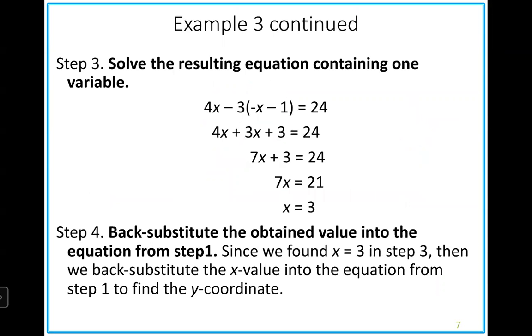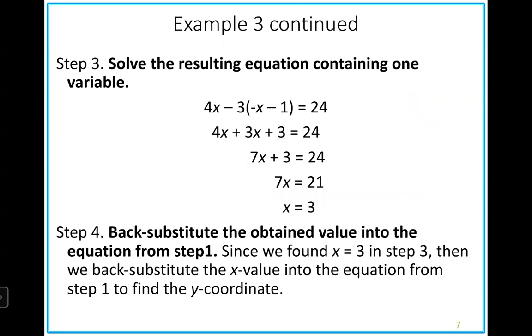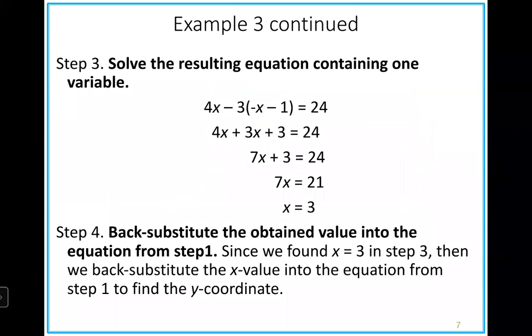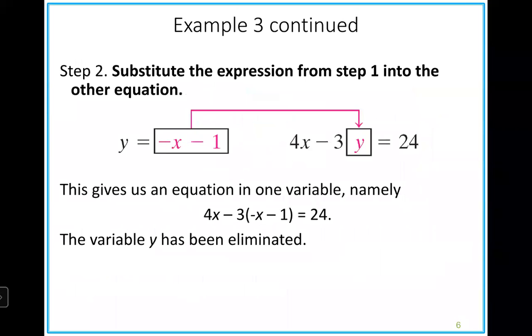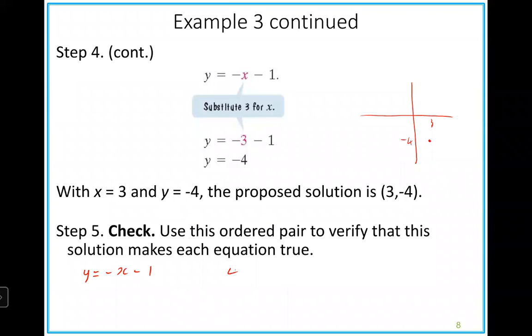The first one says y equals -x minus 1. And the second one is 4x minus 3y equals 24. So x is 3, y equals -4.